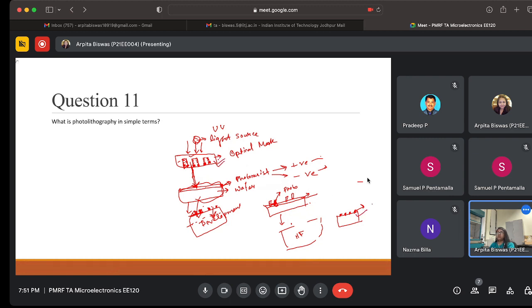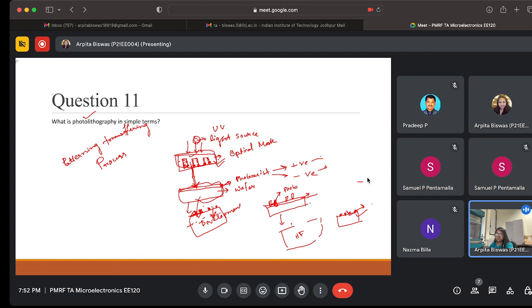Okay. So this photolithography technique is a pattern transferring process. Now it is clear, there is a pattern in the mask, the optical mask, which is transferred onto the wafer.